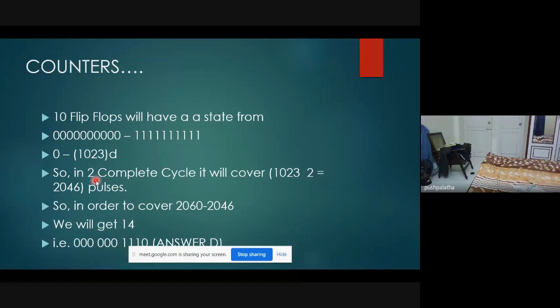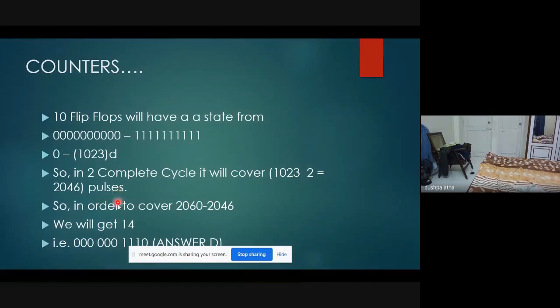You need to complete 2 cycles, from all zeros to all ones. In order to complete the cycles, it will cover 1023 to 2046 pulses. Here I made a small mistake.